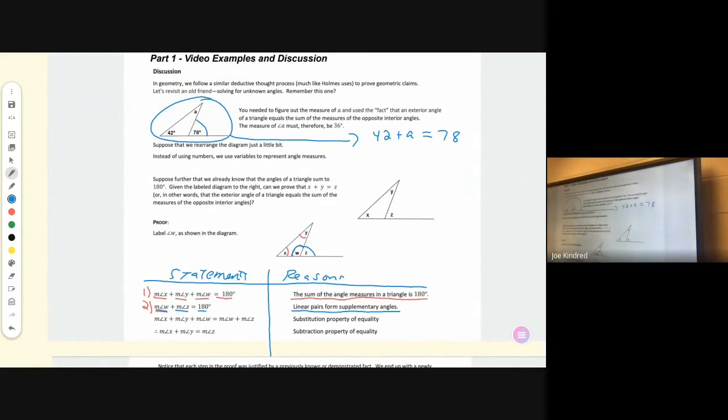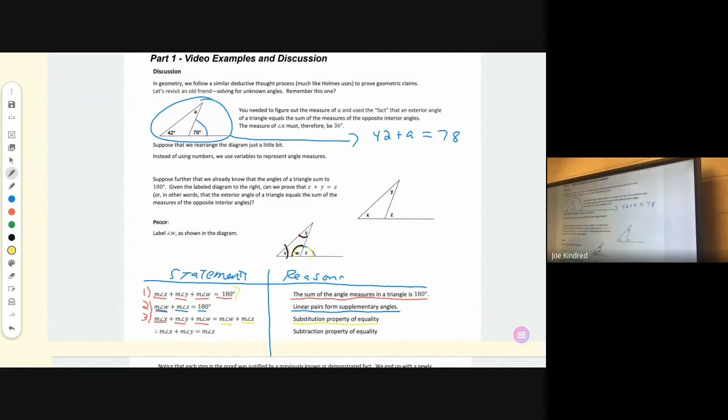Statement 3. And this is where it gets to be like a puzzle. You're trying to put together a strategy. X, Y, and W are equal to W and Z. And the reason is the substitution property.